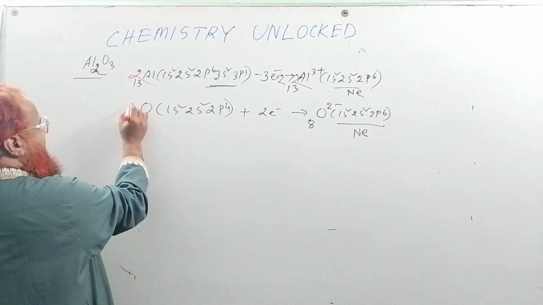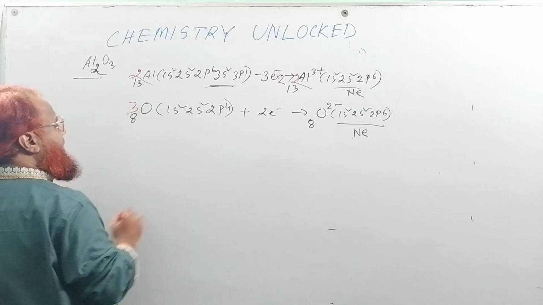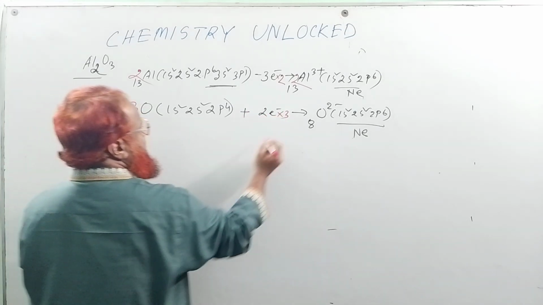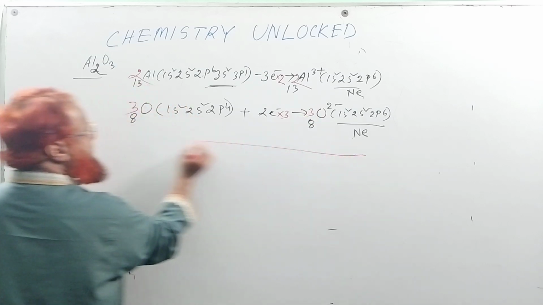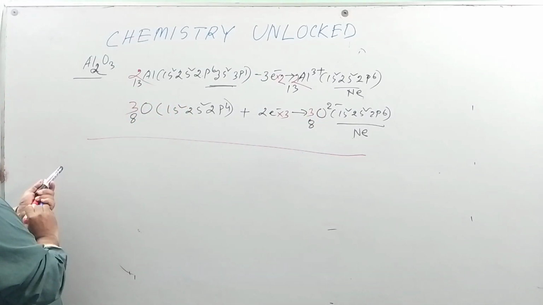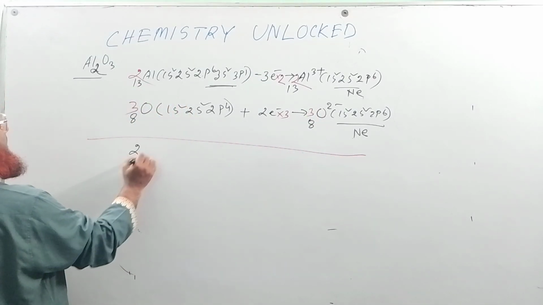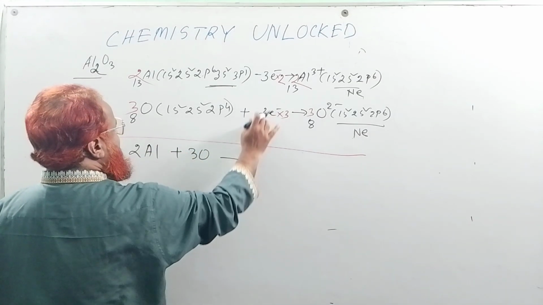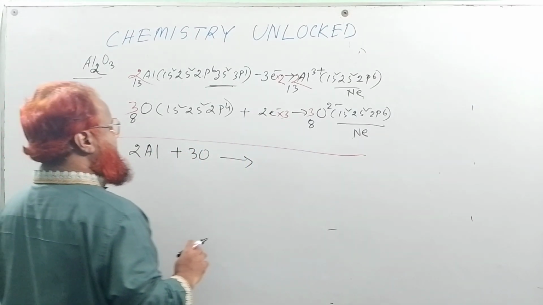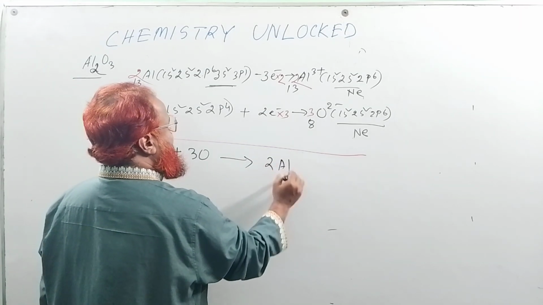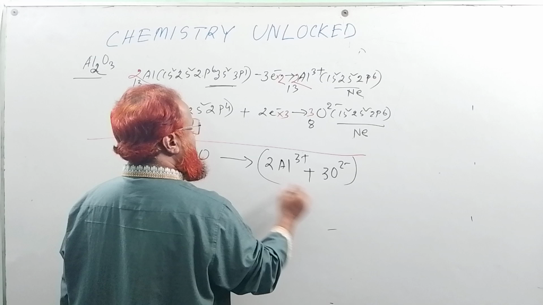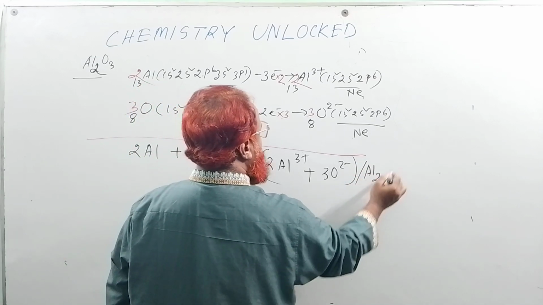Here we have to multiply by 3, then here 3. Now my dear students, 2 aluminium plus 3 oxygen, electron number 6, and they will be cancelled to each other, and 2 aluminium 3 plus and 3 oxide will make the compound Al2O3.